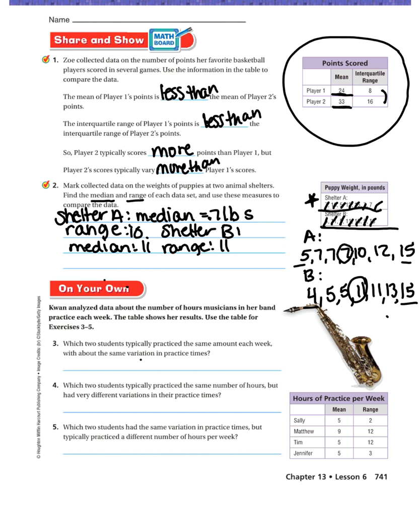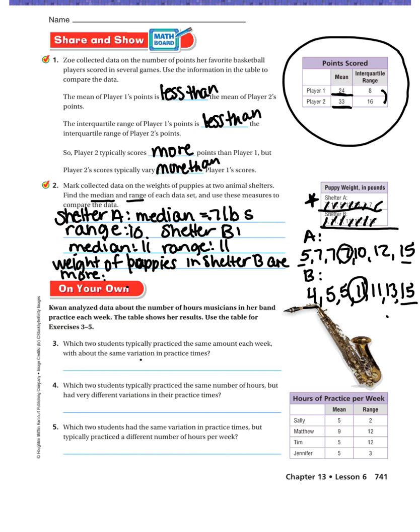So there is about the same variation within these 2 sets of data, but the typical weight of the puppy in shelter B is greater. So the weight of puppies in shelter B are more.